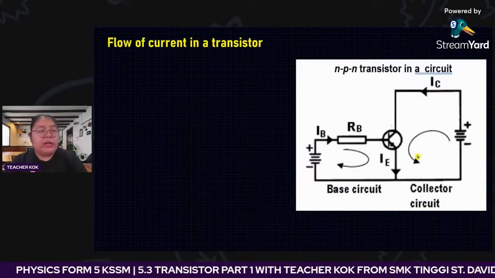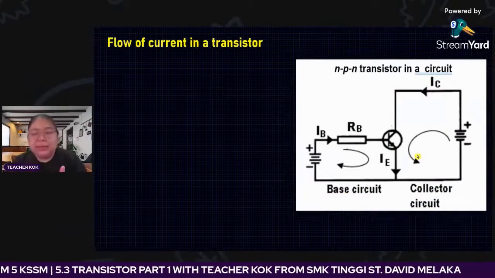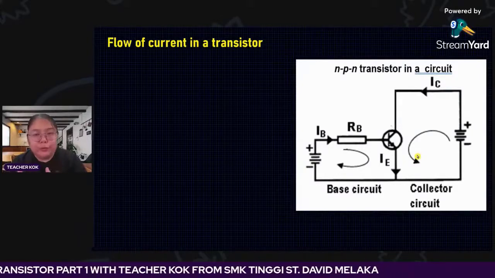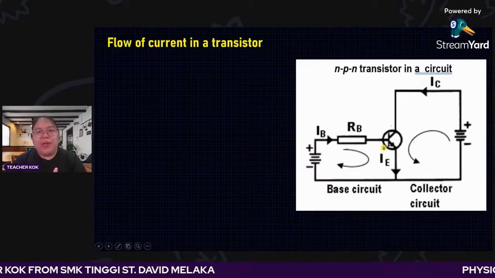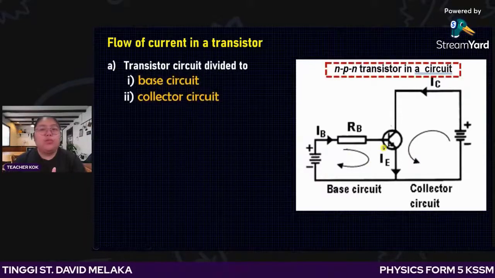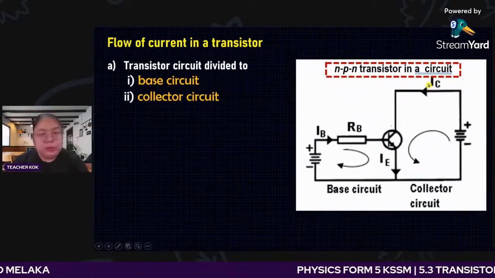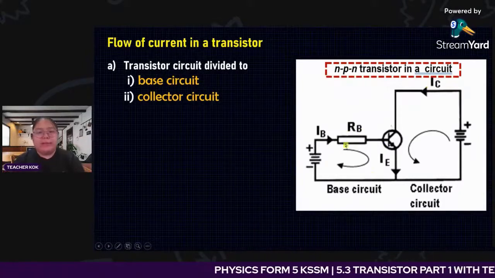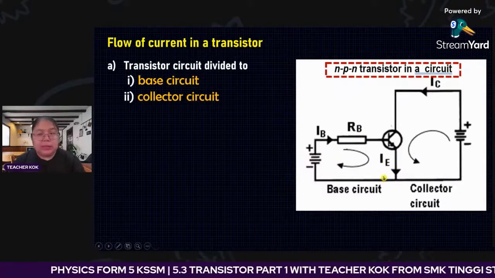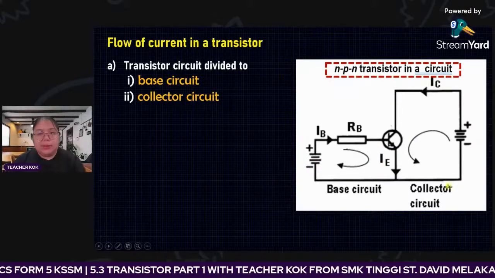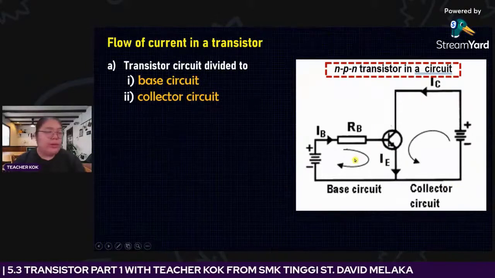Flow of the current in the transistor. How does the current flow in this transistor? When you see the diagram, we have two parts to observe. The first one is the B, which we call the base circuit. This part you can see has 1.5 volts.